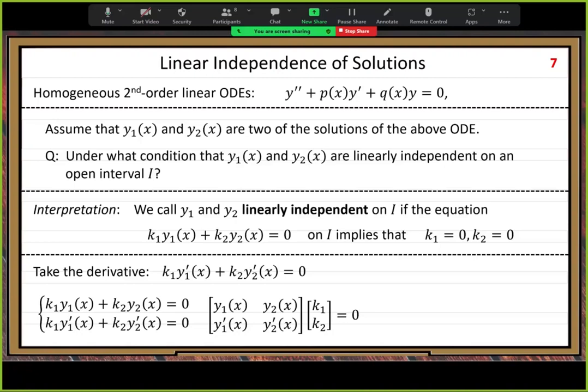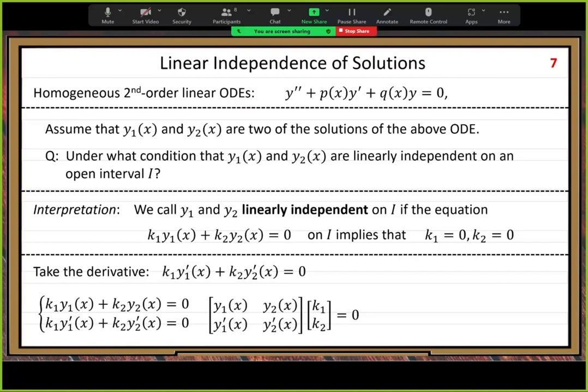After we calculate its determinant, if it is 0, then this homogeneous linear system must have a non-trivial solution. So that's the 0 case.